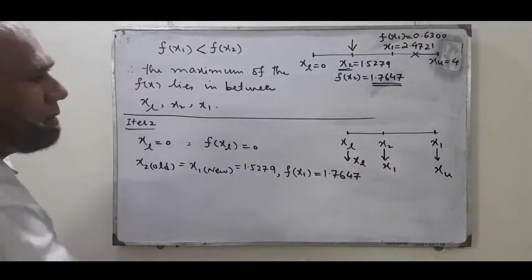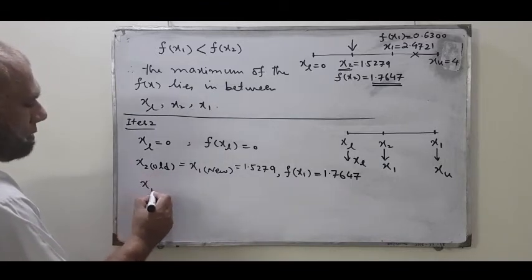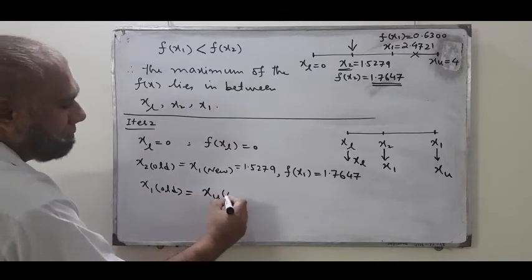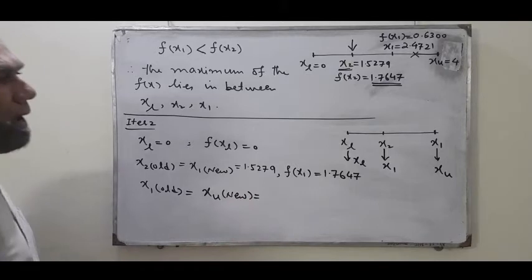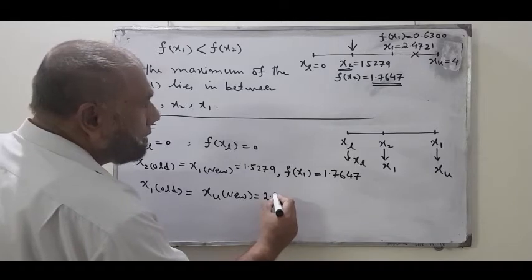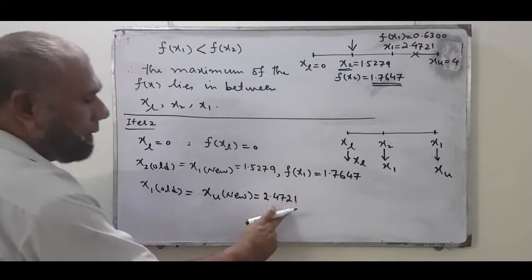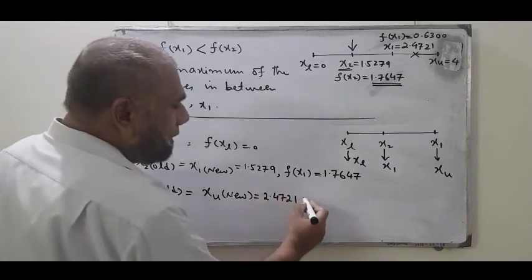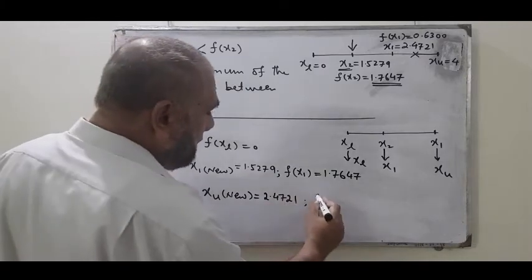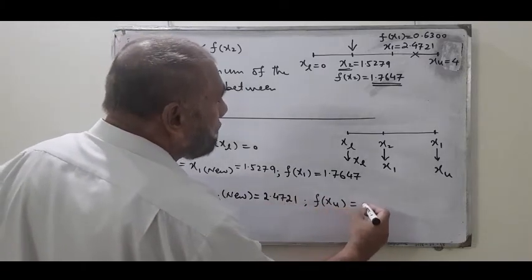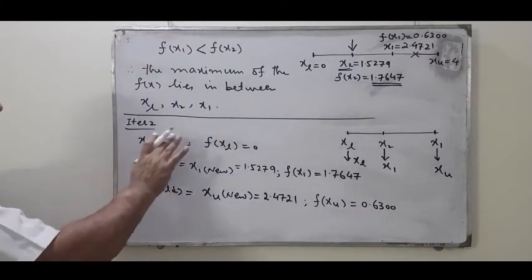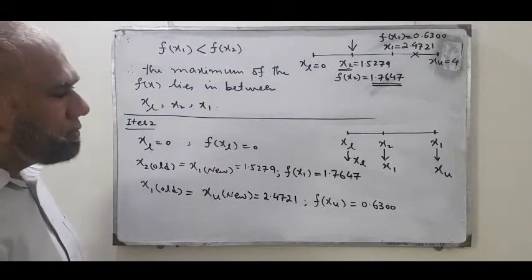And similarly, the right hand boundary point, which is x1 old, will change into xu new. And x1 is equal to, you can see here, 2.4721. Now it is playing the role of the value for xu, and the corresponding value f of xu is equal to 0.6300. So till here we have gathered the information from the previous iteration.